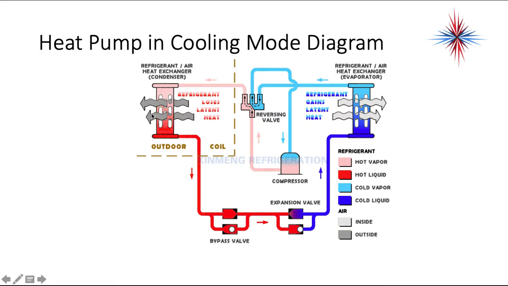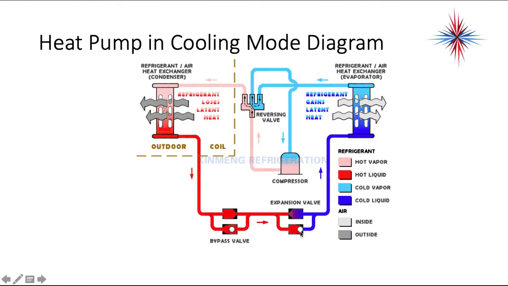We condense the refrigerant, losing latent heat. We come through the liquid line. We're bypassing. We have a bypass valve here, so we're bypassing the first expansion valve. We're forcing the refrigerant through the expansion valve on the indoor coil.